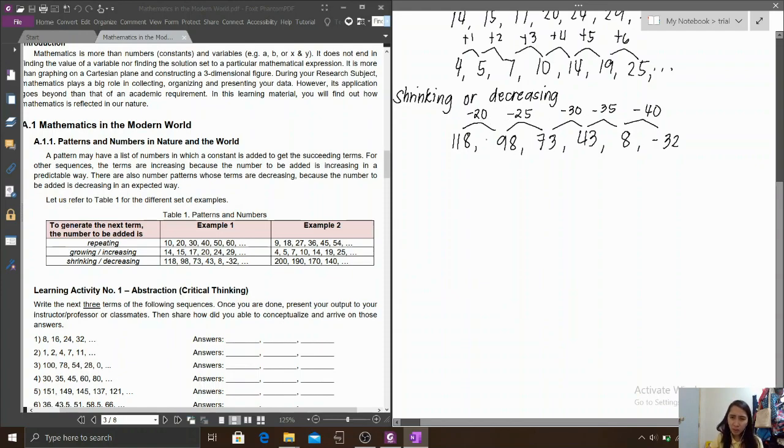You might be confused because 25 is bigger than 20. We have to regard the sign. For a short review for those who are confused, for example, we have the number line. We have 0, 1, 2, and this is negative 1, and negative 2.